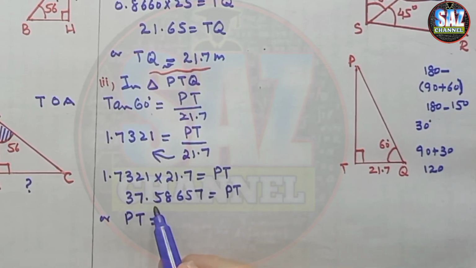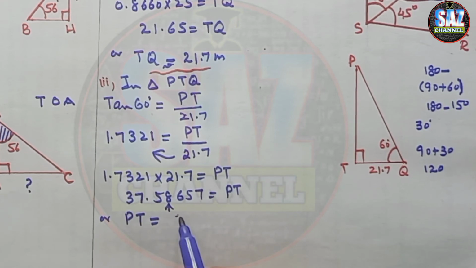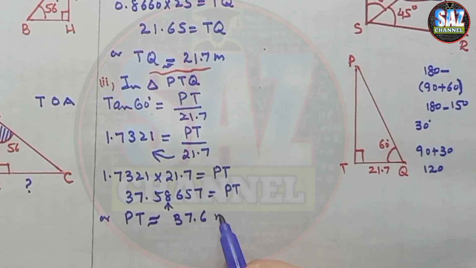As I have to give my answer to 3 significant figures, focus your attention on the fourth digit. As this is 8, it's more than 5, so it will be approximately 37.6, and I have to give my unit in meters.